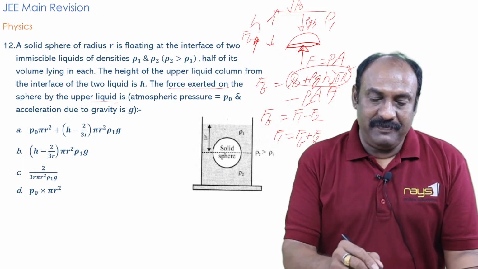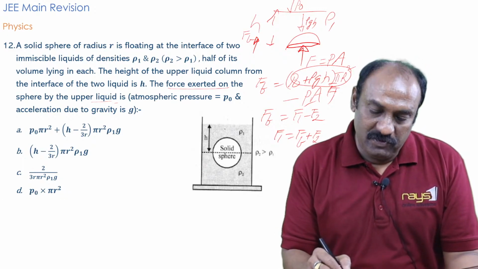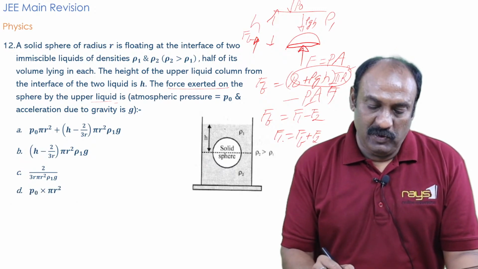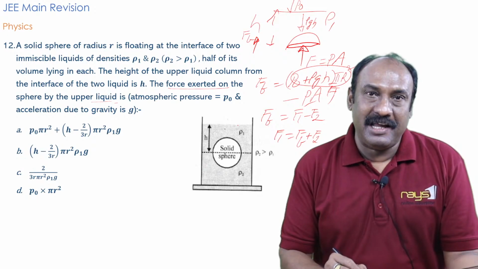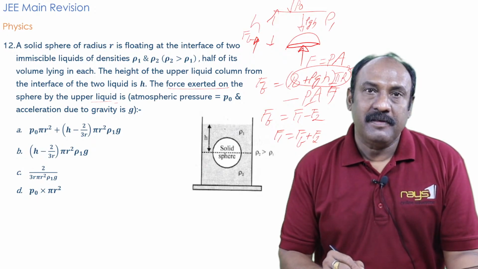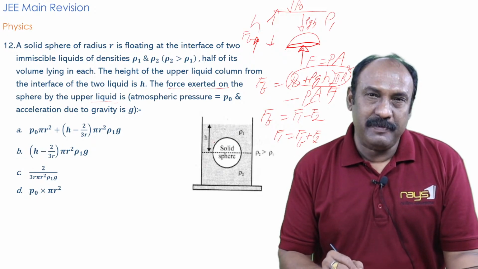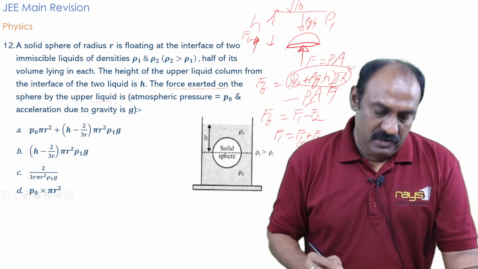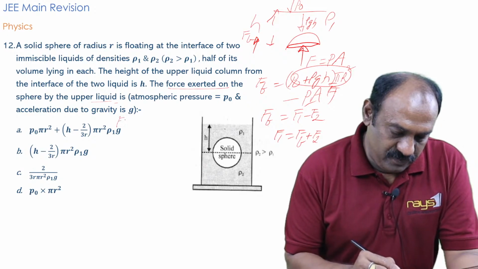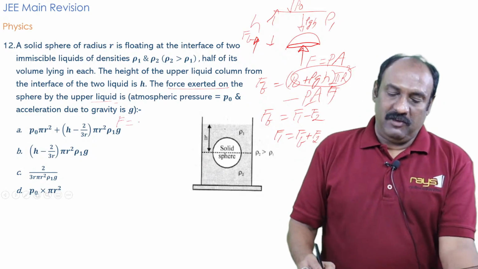So, the resultant of this downward and upward force will give the buoyant force. From this, what we want is the force by the upper liquid on the spherical part of the solid sphere. So, F1 is equal to Fb plus F2. What is Fb here?